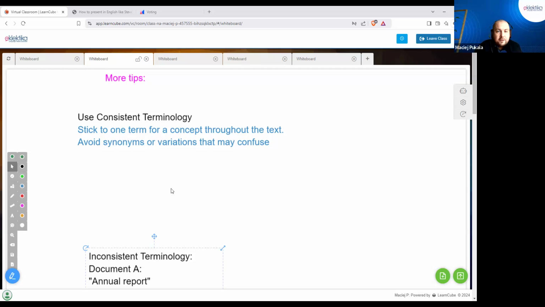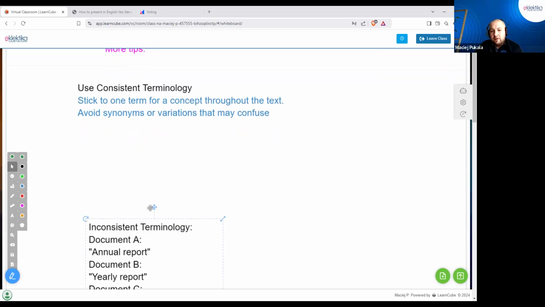in huge presentations, for instance, but also in minor things, like even emails. If you use consistent terminology, if you stick to one term for a concept throughout text or throughout your speech, I believe that it could be better. So why should you avoid synonyms? If it's a main content word, you might not want to alternate.